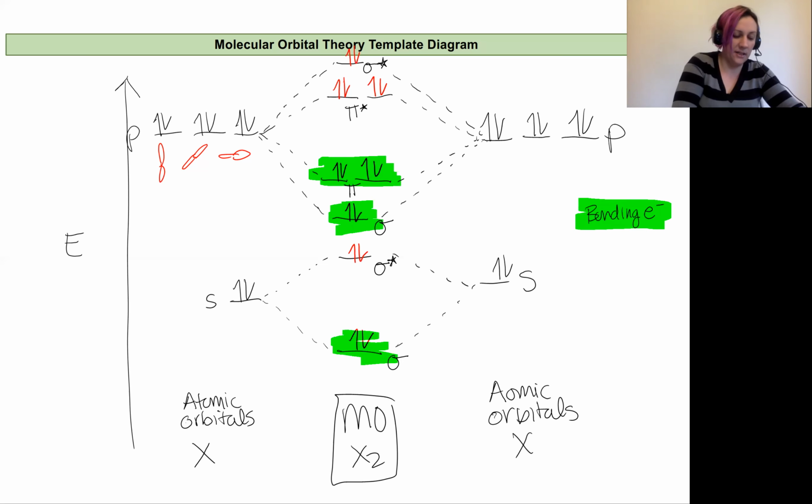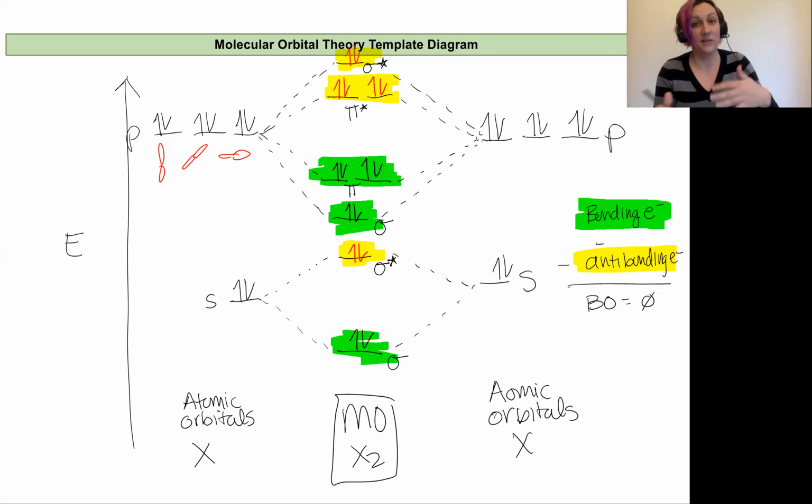And my anti-bonding electrons are going to be anything in an anti-bonding orbital, that I've highlighted here in yellow. And the difference between these two would be my bond order, which in this case is 0 because I just filled them with all the electrons.